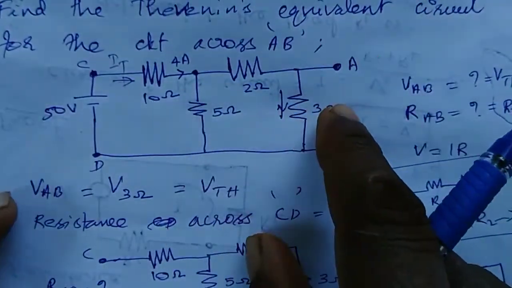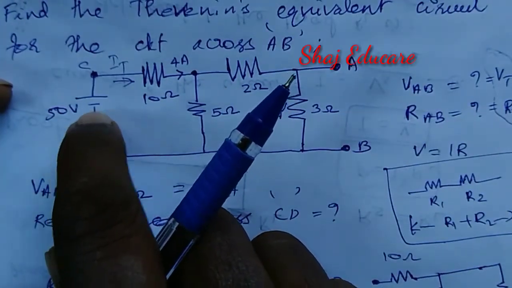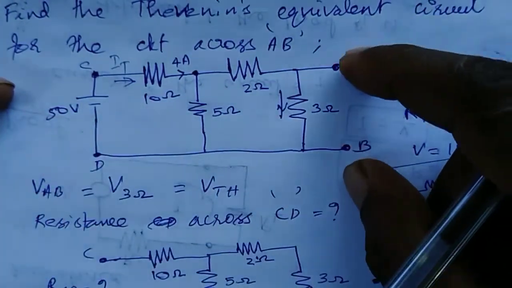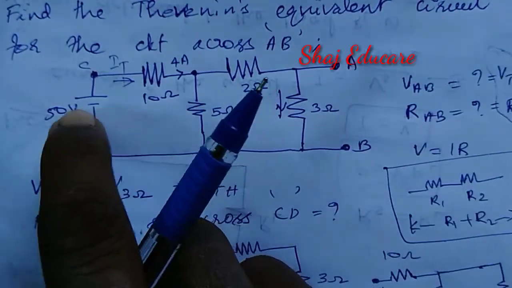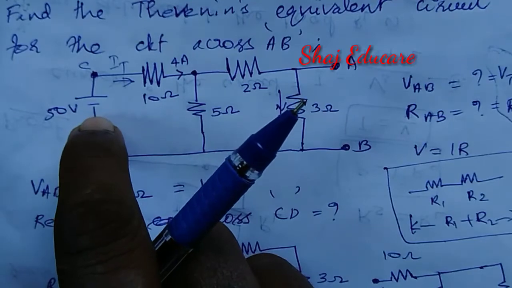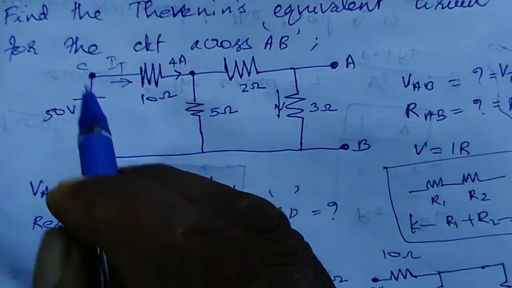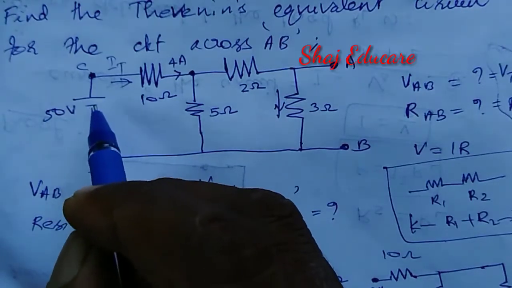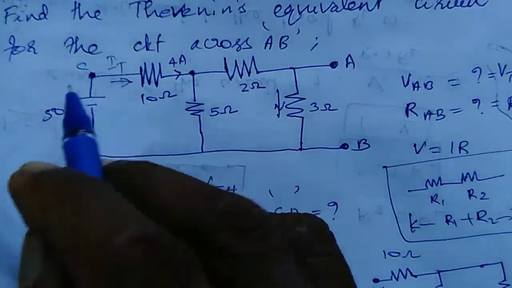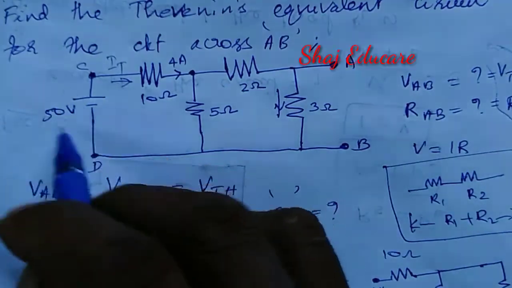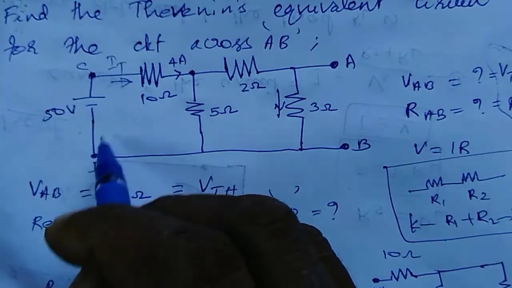Here is a problem. While calculating the equivalent resistance across AB, there is a voltage source here. So we have to nullify it by short circuiting. It will be difficult to find the equivalent resistance while the voltage source is here, so we have to nullify its effect.